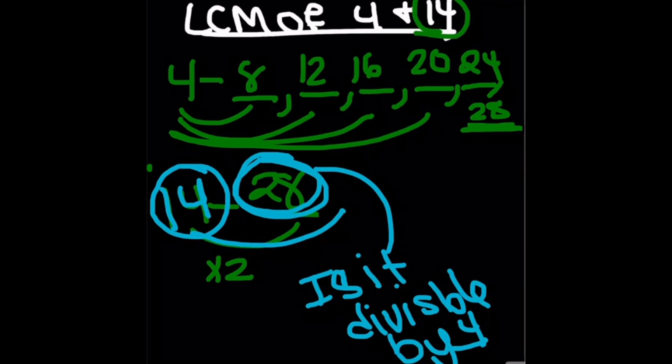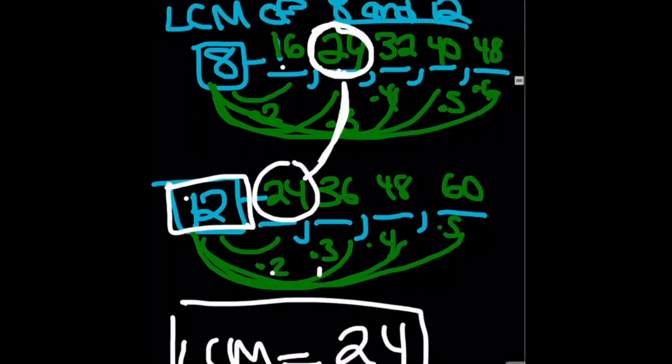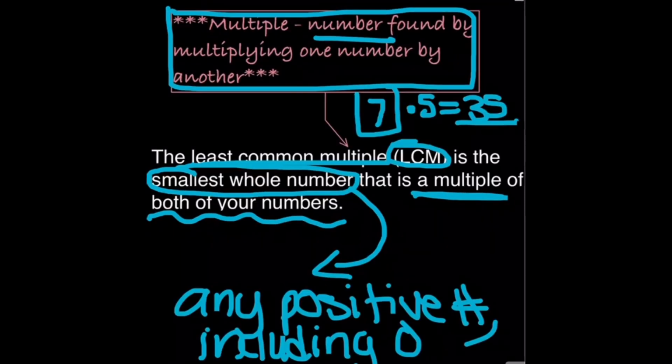You can always list 2 multiples right now. 28 could be one, maybe another one. But you need to know, is it the least? That's why I recommend listing them out and seeing which one appears first. So that's why I would recommend first finding the larger number, then going to the smaller one, and asking, is it divisible by 4? Before, was it divisible by, well, 8, you can't really predict that much.